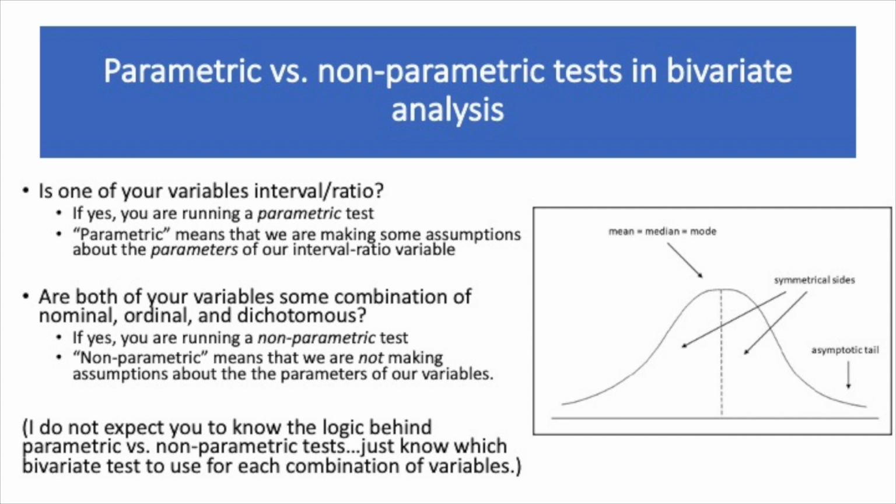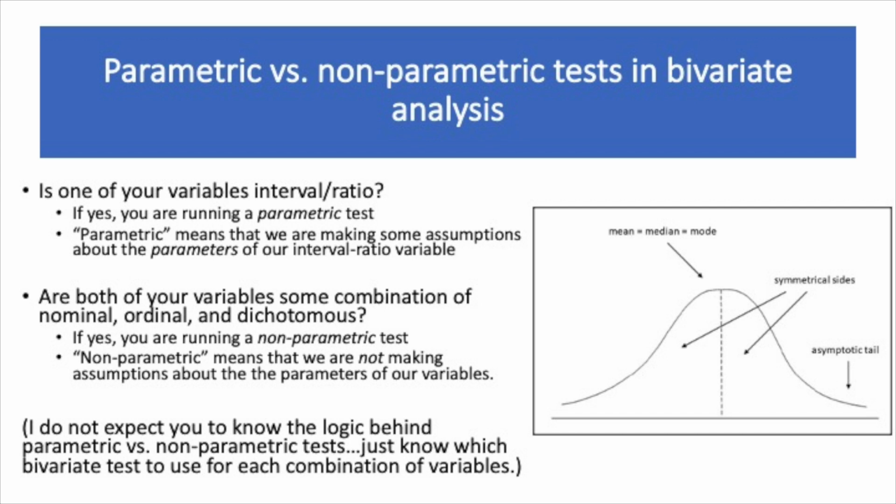I'm not going to get too far into the weeds with why we would use parametric versus non-parametric tests, but I will give you a bit of the basics. And just like we did with tests of correlation, the type of test that you use for inferential statistics depends on the types of variables that you have. So you can easily just kind of memorize what to do when.